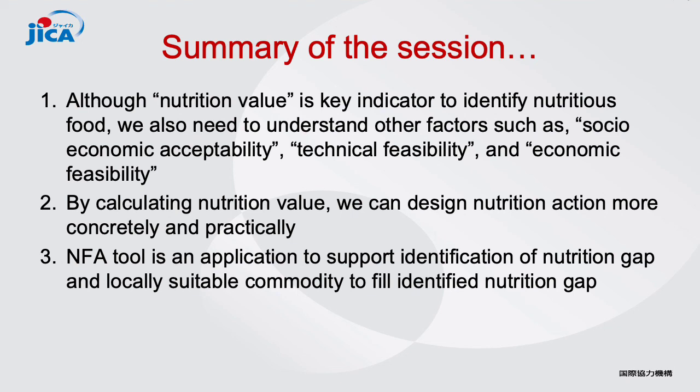Second, by calculating nutrition value using food composition table, we can design nutrition action more concretely and practically. Third, NFA2 is an application to support identification of nutrition gap and locally suitable commodity to fill identified nutrition gap.